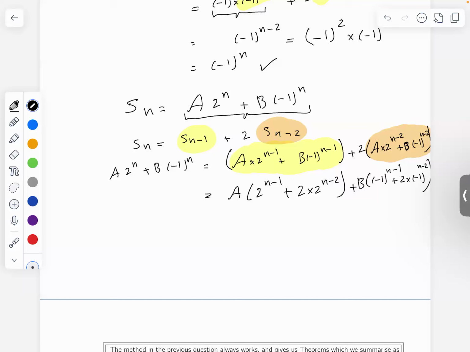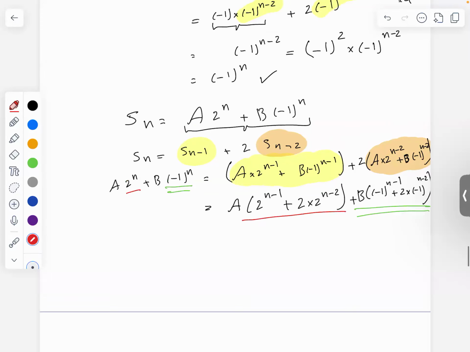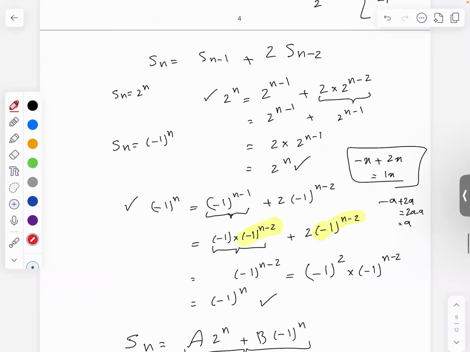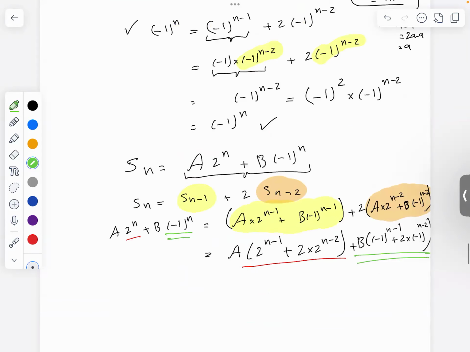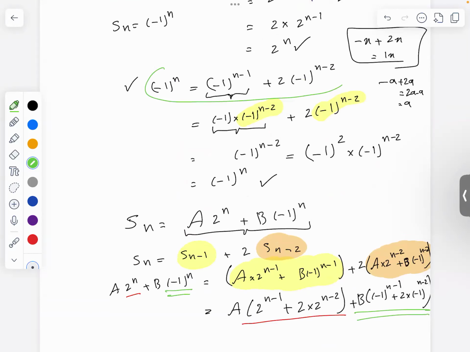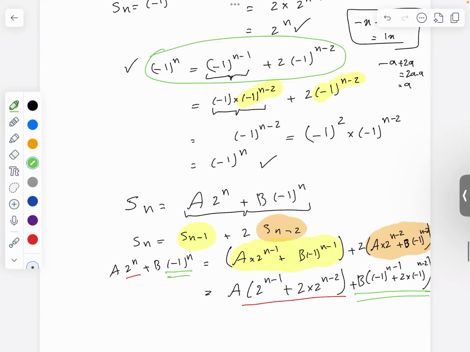We know that this guy is equal to this guy. This guy is equal to this guy. Why? Because we see that because of this. The green one because of this.